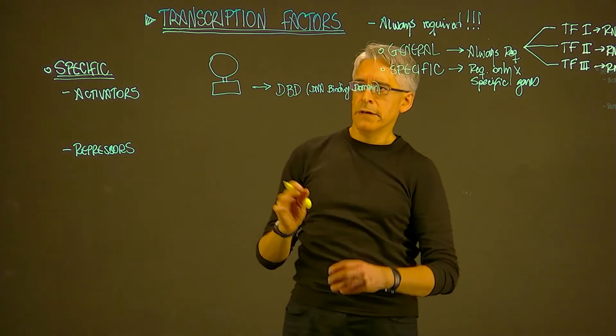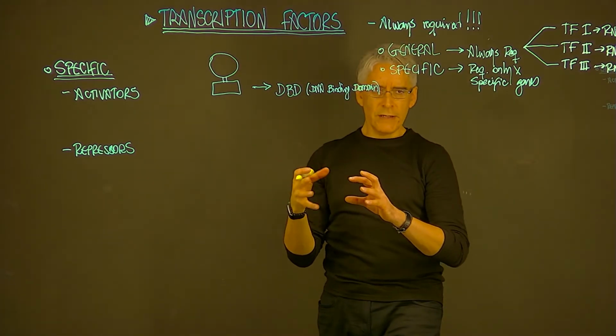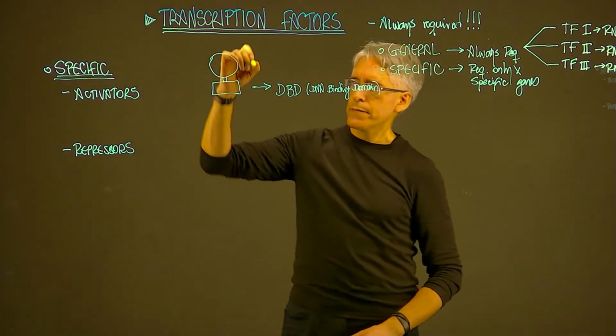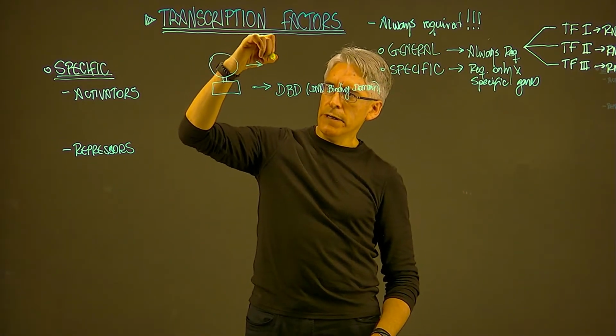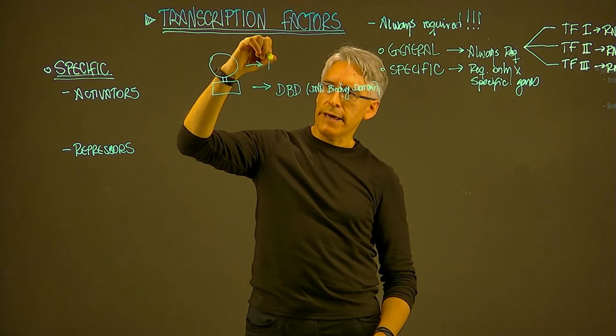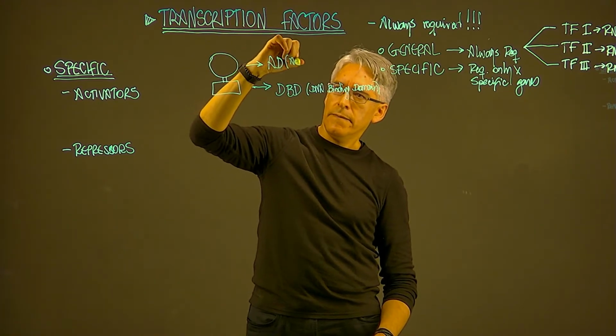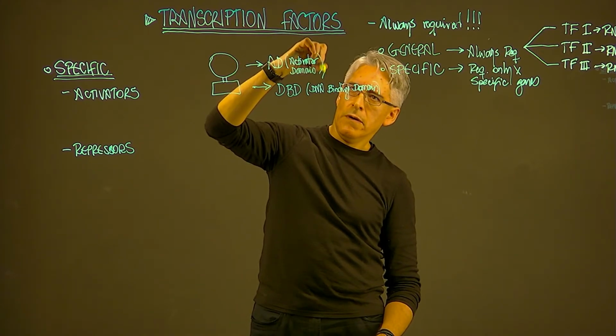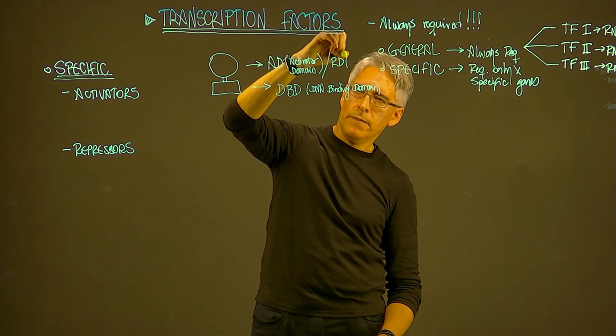The other region of the transcription factors is the one that is involved in recruiting other proteins or other factors, and therefore is referred to as either the activator domain or the repressor domain.